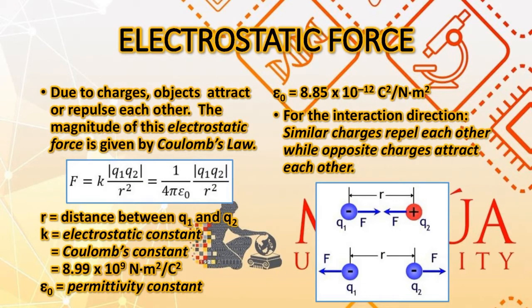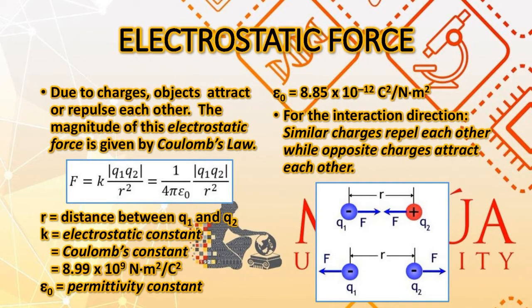The interaction force between electric charges, whether attraction or repulsion, is referred to as the electrostatic force or simply electric force. The magnitude of this electrostatic force is given by Coulomb's law.